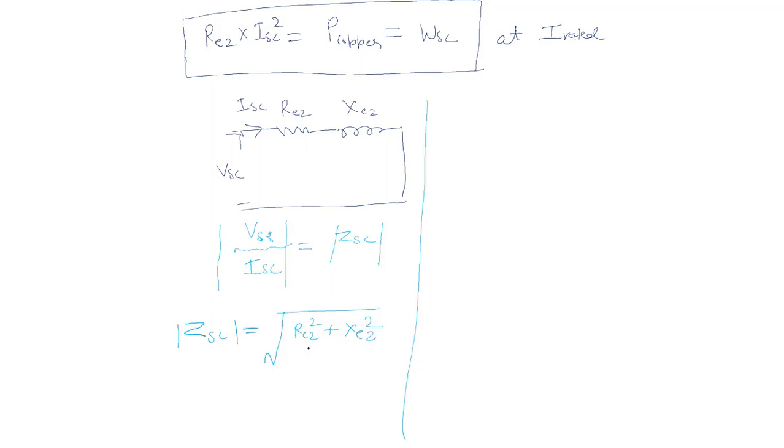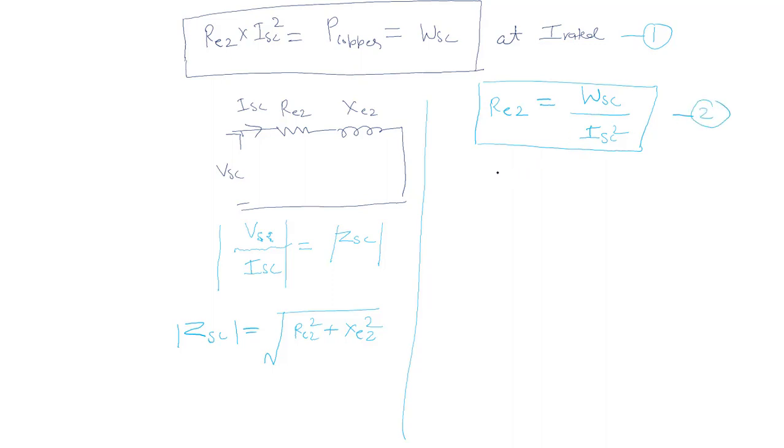We can find RE2 from equation number 1. RE2 is nothing but the copper loss, which we know, divided by I short circuit square. So RE2 can be found directly over here. Let us say this is equation number 2.